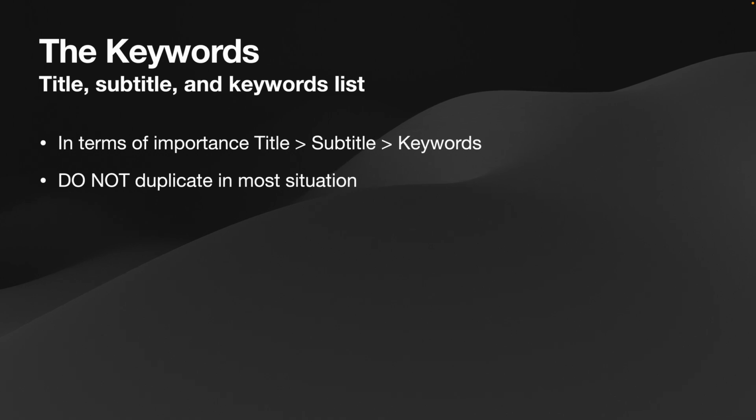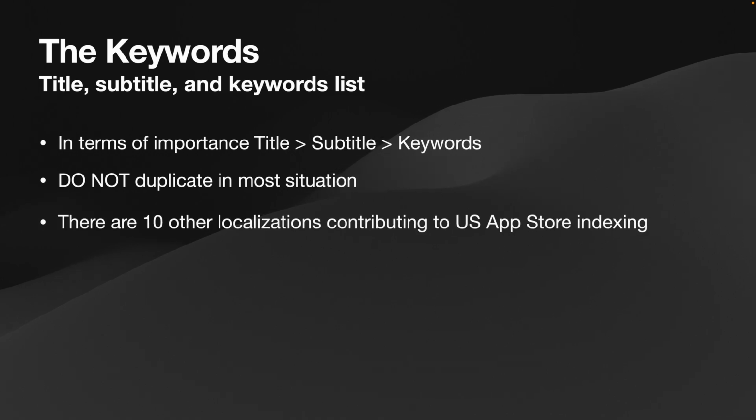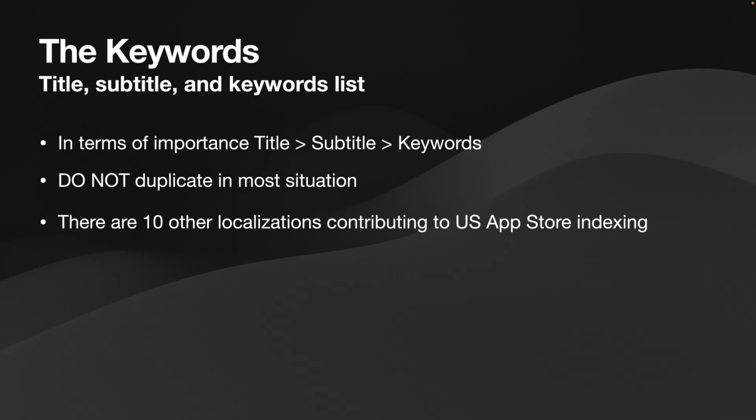For the next point, you might not need to use it unless you are coming up with too many keywords and you find that 30 characters in the title and 30 characters in the subtitle and 100 characters in the keyword list is not enough for you. Luckily, in the US App Store, which is where most money is spent, more than 1 localization is indexed.